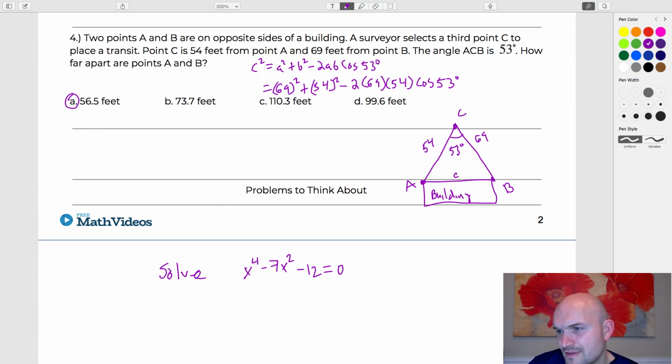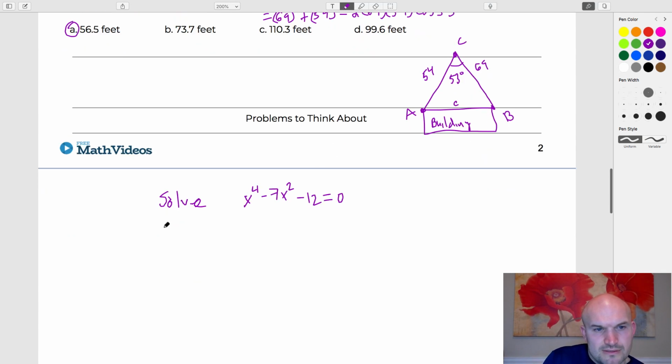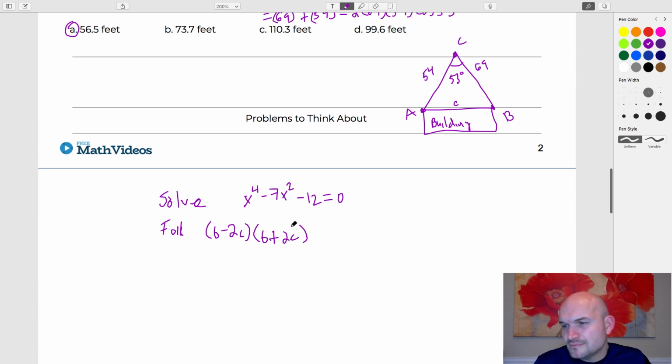And then I think there was one more, which was like FOIL, so let's go ahead and do that. This one came before my live stream. That's going to be b minus 2c times b plus 2c. All right. Let's see if there's anything else. Intercepts.